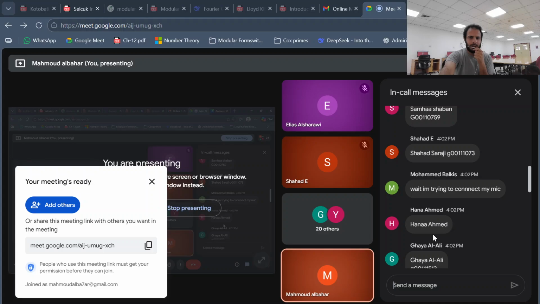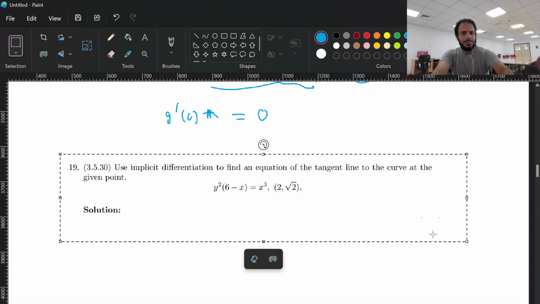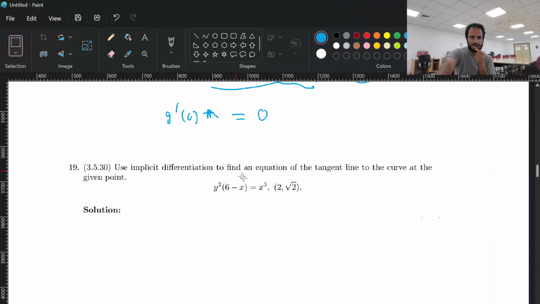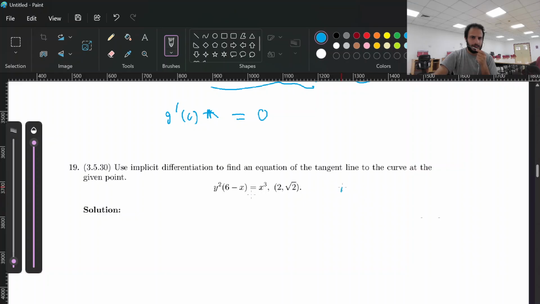Can you please help me with this problem? Use implicit differentiation to find an equation of the tangent line to the curve at the given point. Let's first write the equation of the tangent. We have m equals f prime of a, the derivative at a.